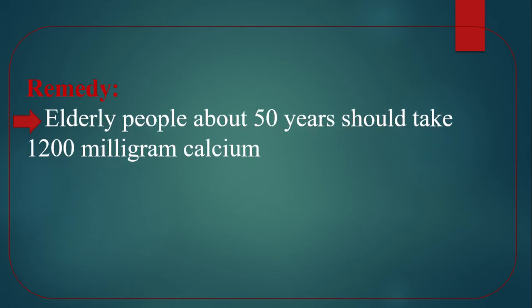Remedy: elderly people about 50 years should take 1200 milligram calcium. Most of the time, doctors advise us to take 500 milligram calcium after 50 years old, because 700 milligram he may get from different types of food.